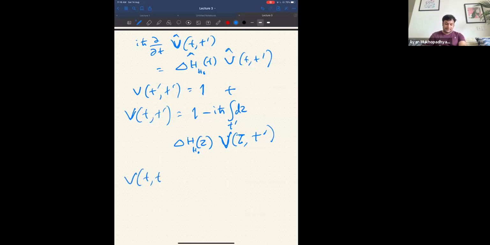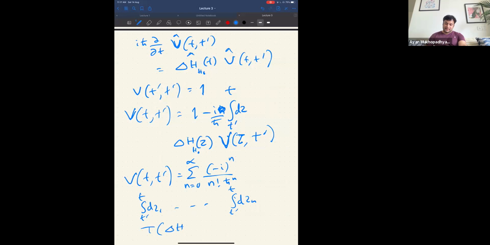It simply implies that V(T, T prime) is equal to the sum over n equals 0 to infinity of minus i to the power n over n factorial h bar to the power n, and then the integrals d tau 1 to d tau n, each going from T prime to T, of a time ordered product of delta H with respect to H0, tau 1 to delta H with respect to H0, tau n.